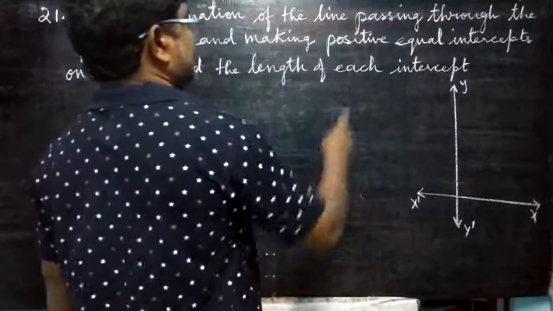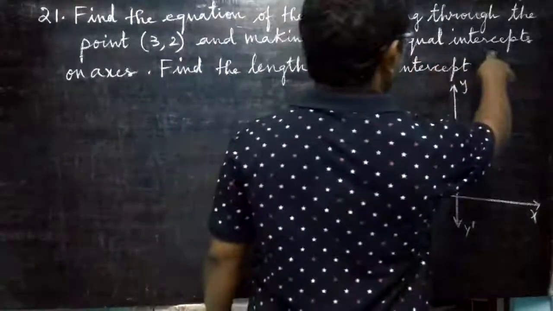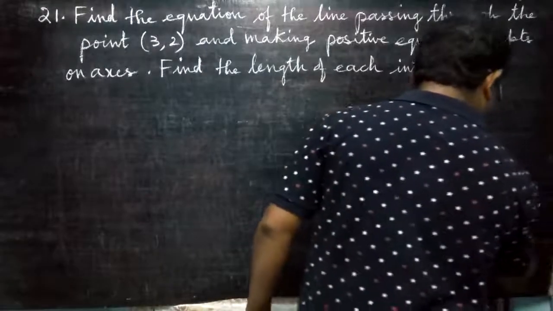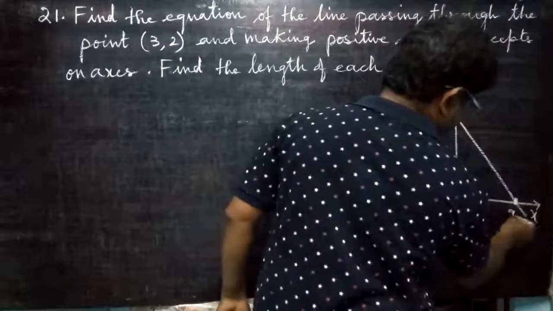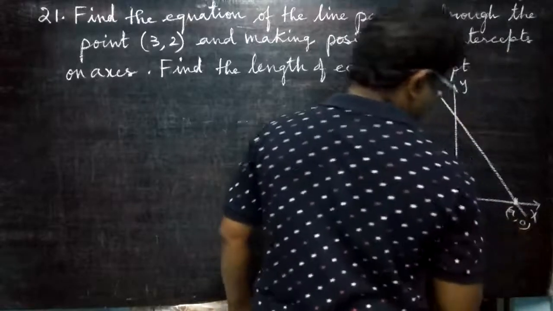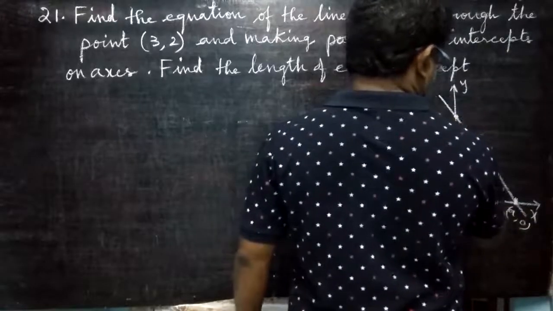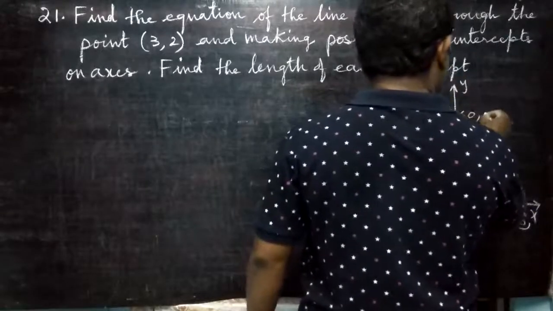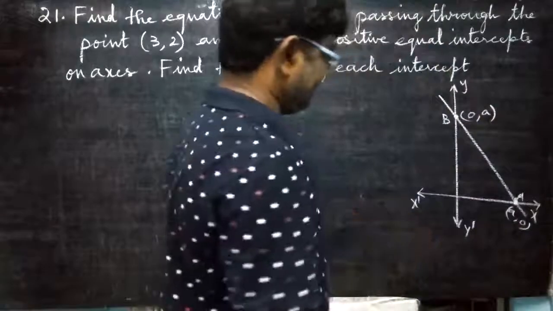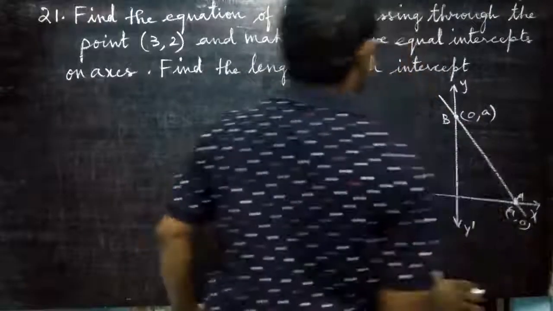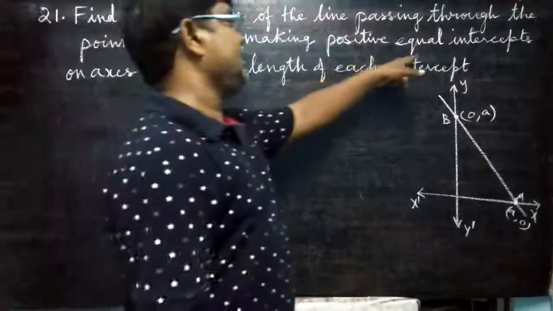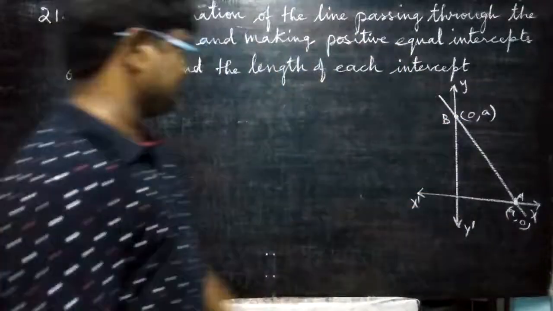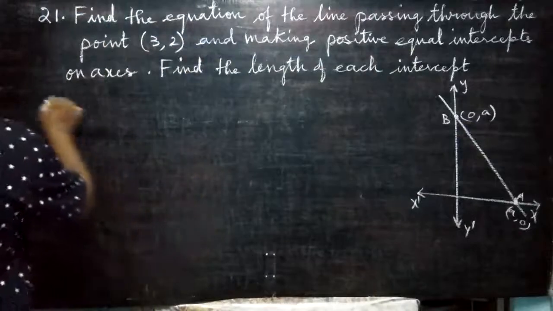Positive equal intercepts. Suppose here at a distance of a, means a comma 0, is a point on x-axis. Suppose this is A, you think. This is B, 0 comma a. Equal. How much will be here? Here also that much. Equal. Positive equal intercepts on axis, x-axis, y-axis, both. Now, solution.